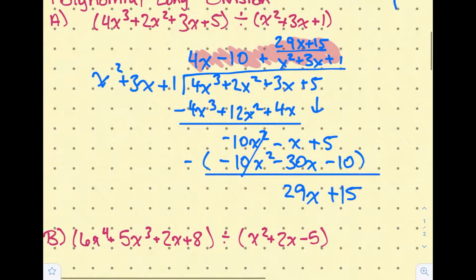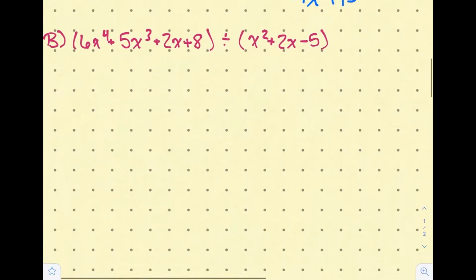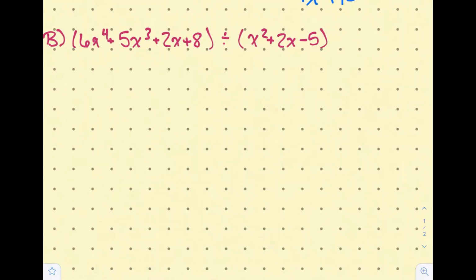Let's check out another example. 6x to the fourth plus 5x cubed plus 2x plus 8, and I want to divide that by x squared plus 2x minus 5. So I'll put my x squared plus 2x minus 5 where the divisor goes, and then underneath will go my dividend.